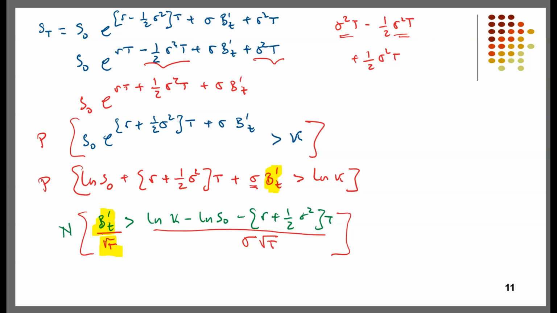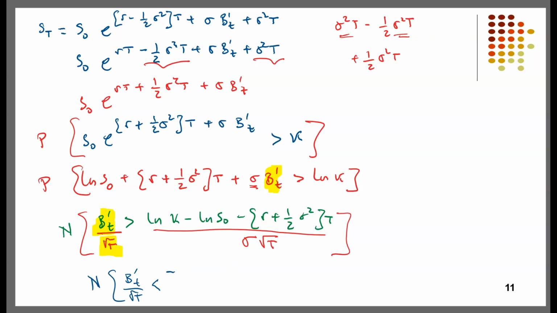Okay. Now, because the standard normal table uses the less than rather than the greater than sign, we multiply the term by -1. So we essentially have N of B prime t divided by the square root of t, that is less than the negative sign of that, which is minus the log of the strike price plus the log of the stock price.